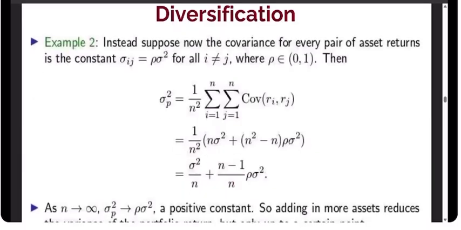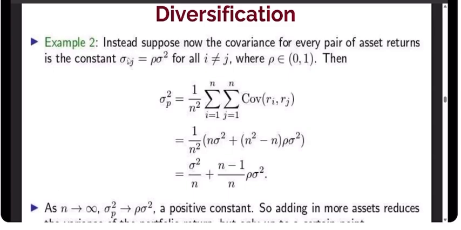Now I want to go into example 2. In example 1, we considered assets with equal weight and equal variance. But in example 2, we believe that there exists a covariance. Let's take a look at that.